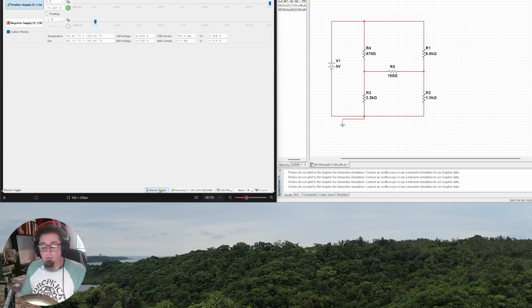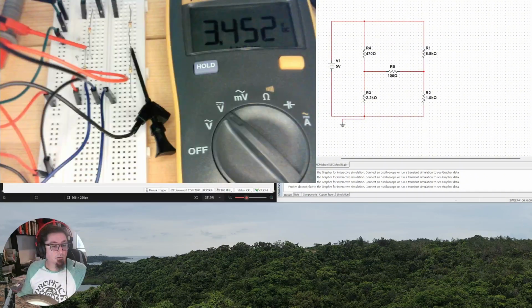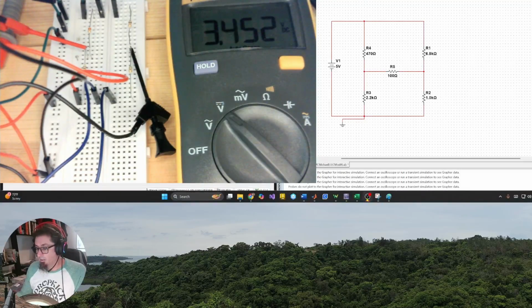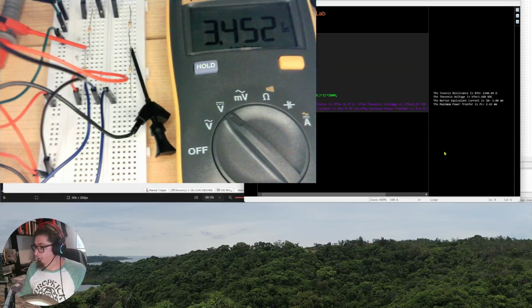And if we remember, we're currently reading on our multimeter 3.452 volts DC. Now if we go over to our MATLAB code, it says we should have 3.468 volts DC.